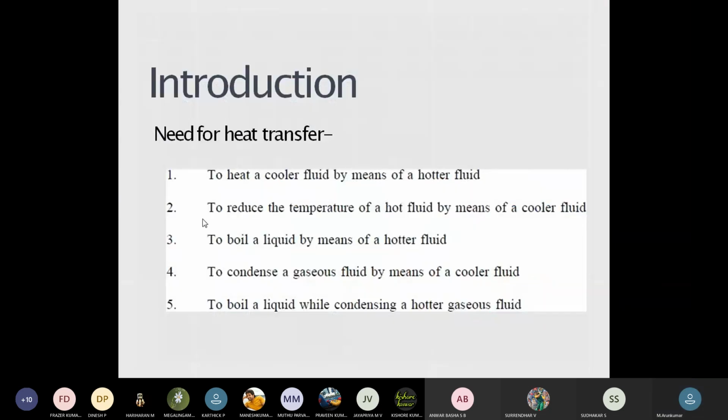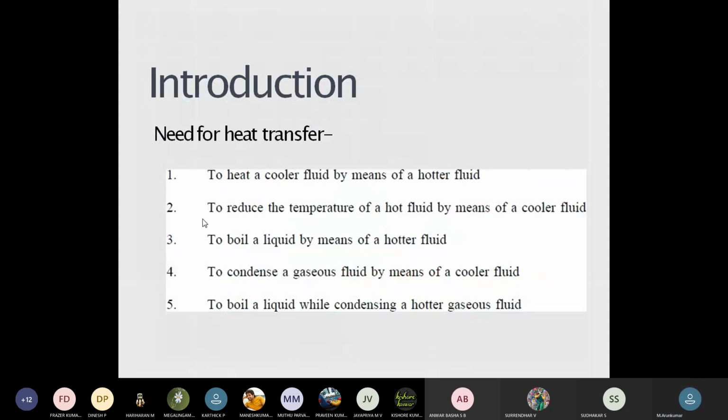So, introduction to the heat exchanger. The need for heat transfer: actually, heat transfer you know very well. To heat a cooler fluid by means of a hotter fluid is the need here in heat transfer. Then to reduce the temperature of the hot fluid by means of a cooler fluid.